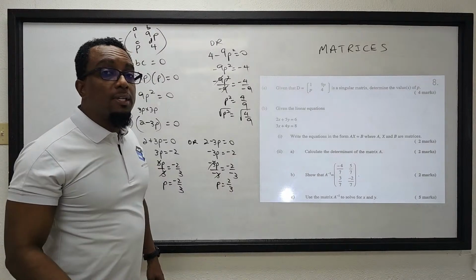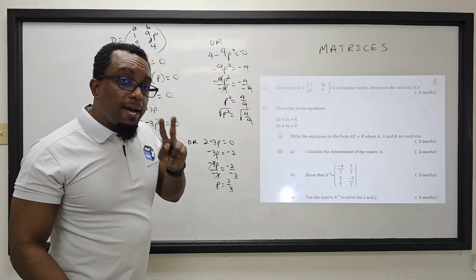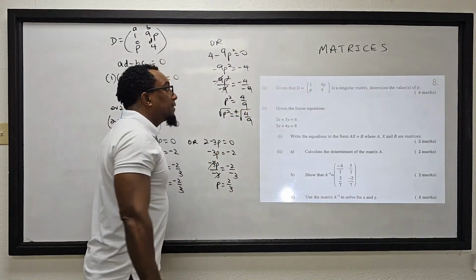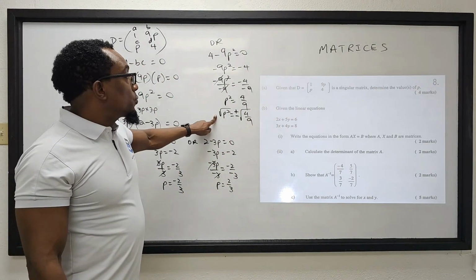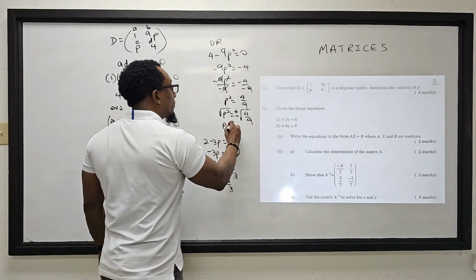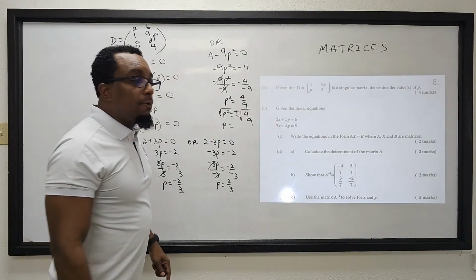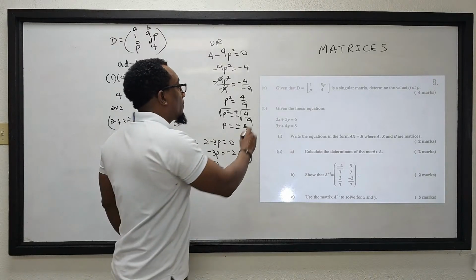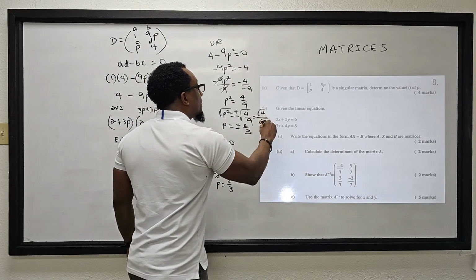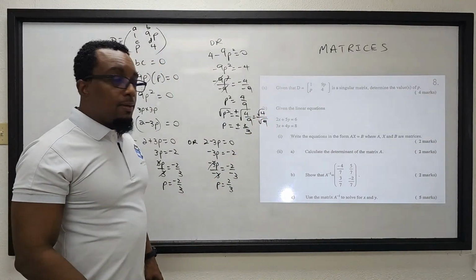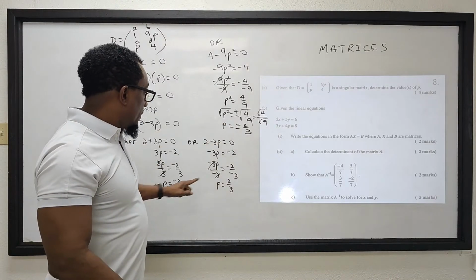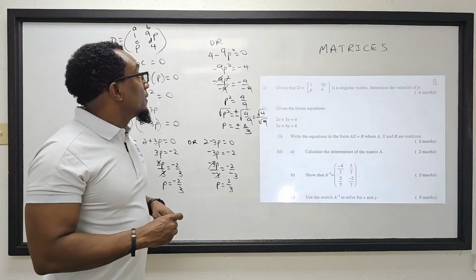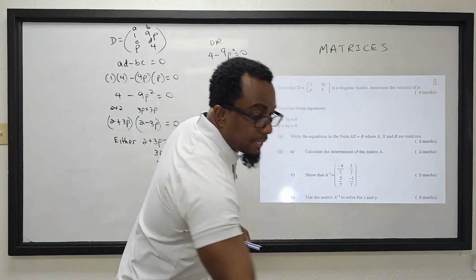Because it is quadratic, meaning you're getting two values of the unknown, in this case P, you must put a plus or minus sign in front of the square root symbol. So the square root of P squared makes it P, and the square root of 4 over 9 is plus or minus 2/3. The square root of 4 over the square root of 9, 2 over 3. So we have positive and negative values, positive 2/3, negative 2/3. That's the other way you can solve that quadratic equation to get your two values of P.